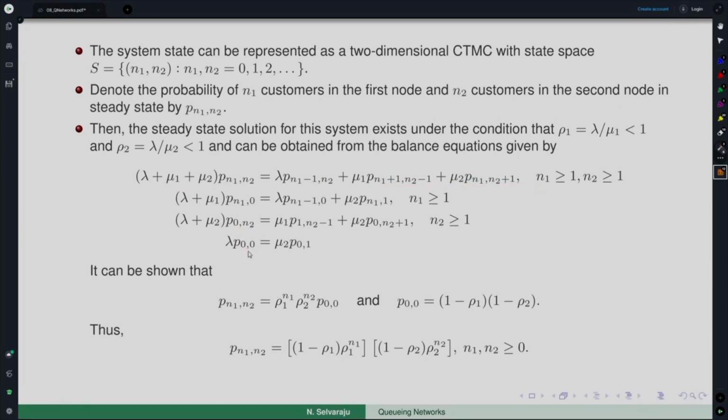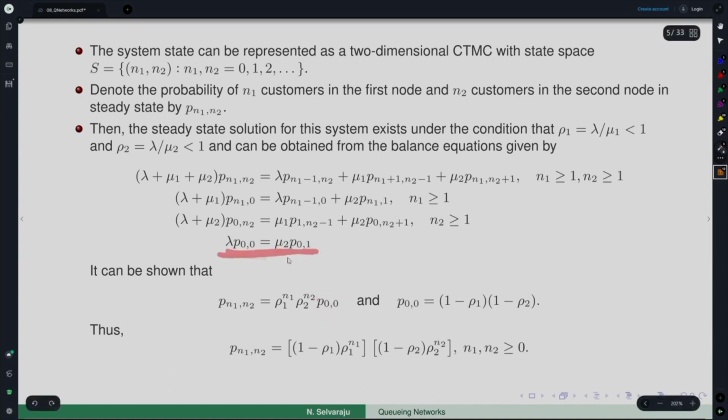Now, the solution to this is fairly easy to obtain, it is not very complex. In the usual way one can proceed, and it can be shown that P(n1, n2) is some constant times rho 1 to the power n1, rho 2 to the power n2, where the constant is P00.